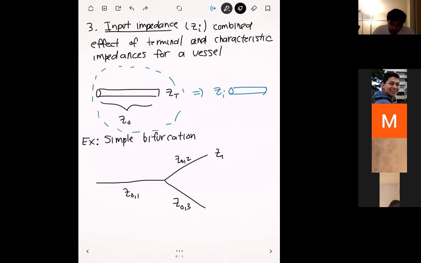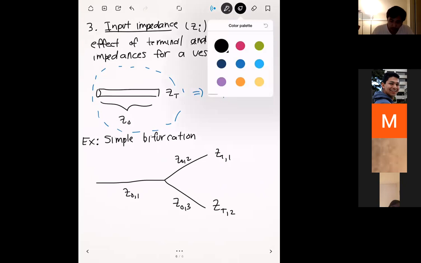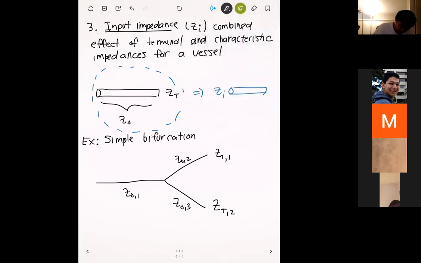Right. And let's assume that we know the terminal impedances as well. Okay. And so those will be ZT1 and ZT2. Okay. And so everything that I've written here in black is known, okay? And what's unknown here is Zi, which is the input impedance of this entire bifurcation.